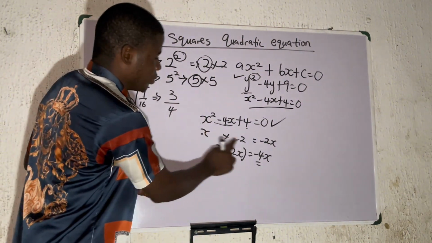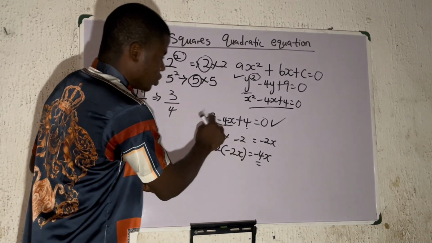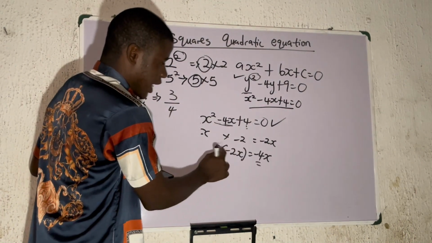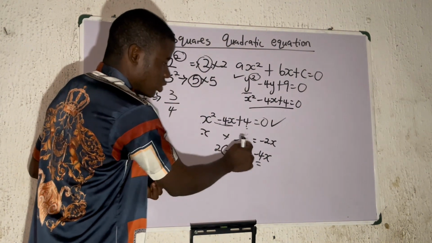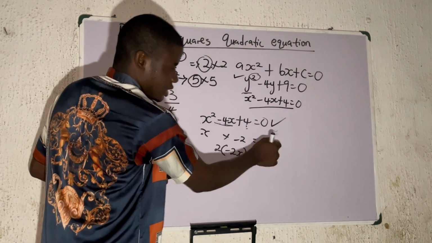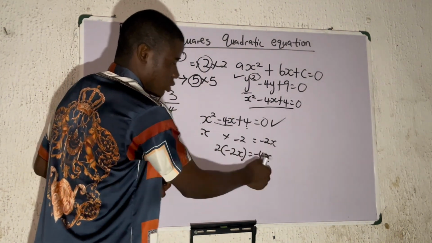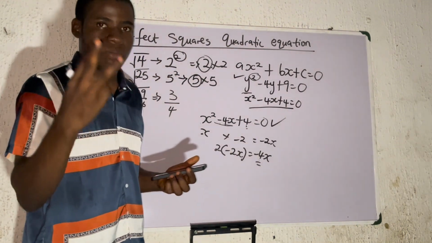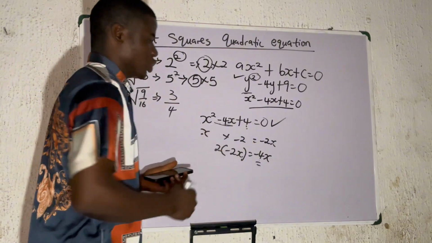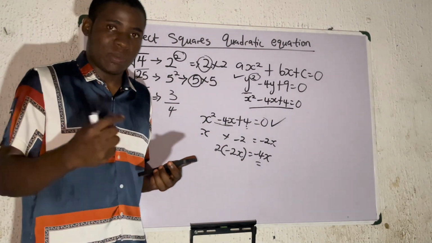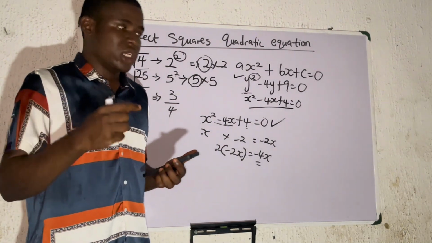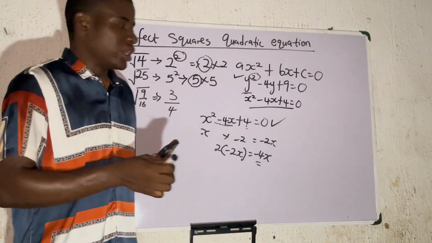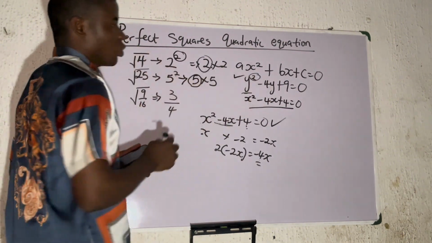We got the product as minus 2x. 2 times this will give the middle term. Is it giving the middle term? Yes. So, since these 2 conditions are obeyed, I can say that this quadratic equation, x squared minus 4x plus 4 equals 0, is a perfect square. Do you understand?